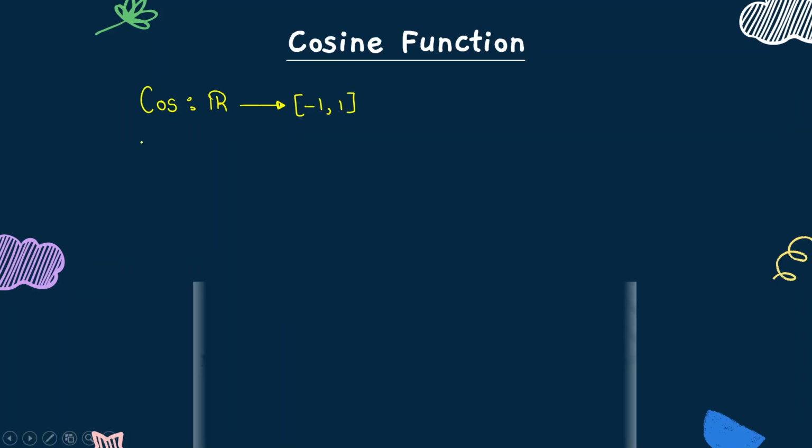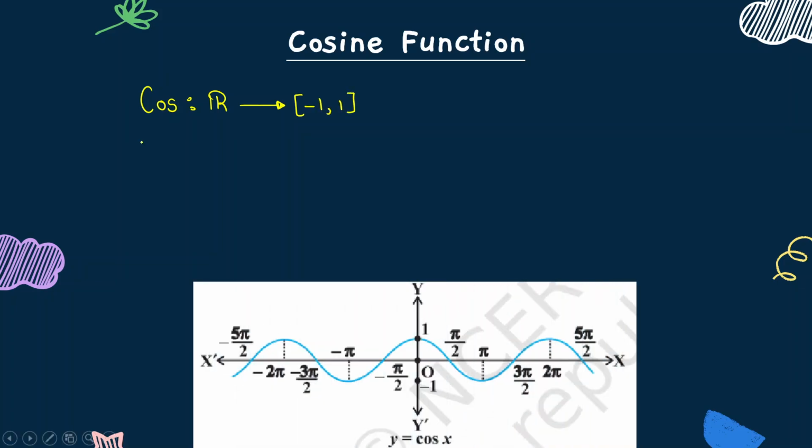The graph of the function looks like this. The cos function in general is onto since it covers everything, but it is not 1-1.